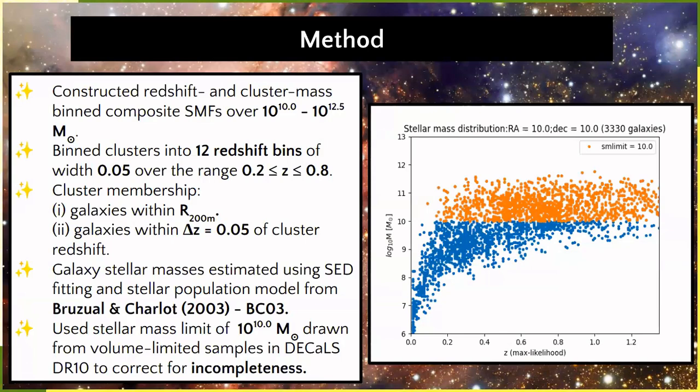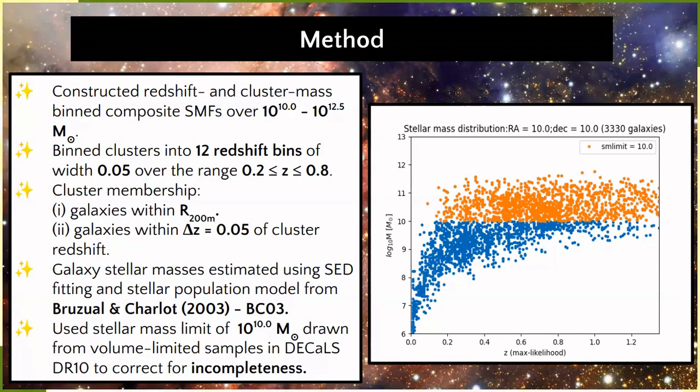So we use log scaling for this. Due to the large cluster sample, we were also able to bin clusters into narrow redshift bins of width 0.05 over this large redshift range. And cluster membership was determined probabilistically using the galaxy photo-z probability distributions.